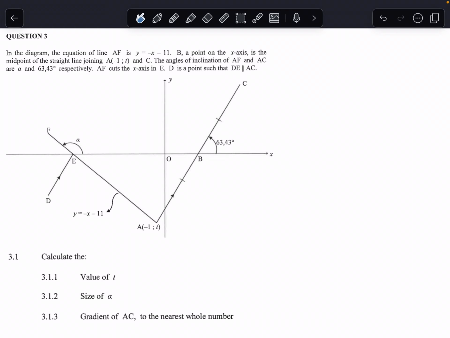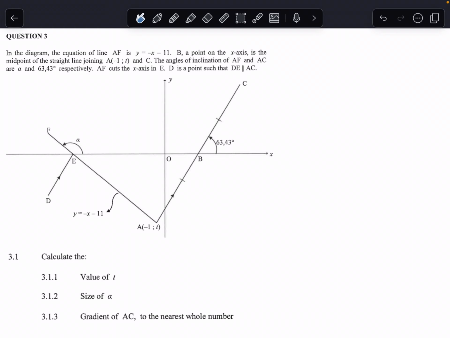They've marked for us that AB and BC are the same length, so B is the midpoint of AC. The angles of inclination of AF and AC are alpha and 63,43 degrees respectively, which they've also marked for us on the diagram.